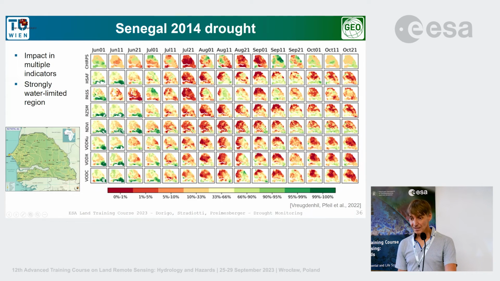You have basically the peak of the meteorological drought here in July. And only there in July, it starts really affecting the vegetation signal. So the vegetation signal drops. And then it lasts for a couple of weeks or months, actually.